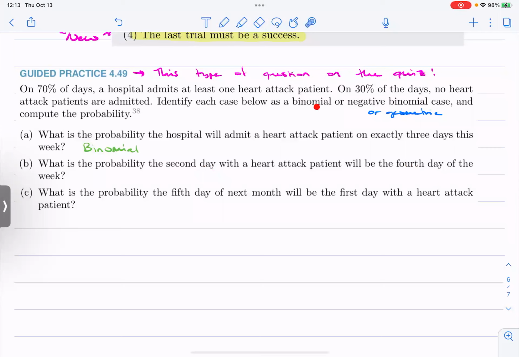The binomial doesn't really work, right? Because I need some number of trials, and then I would need to consider that I could have the first heart attack day on the first day or the second day or the 3rd day, but I'm forcing the second heart attack day to be on the 4th day, right?